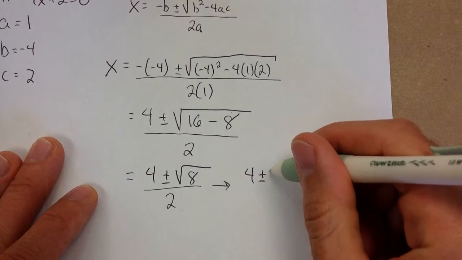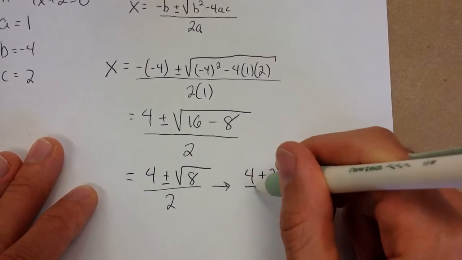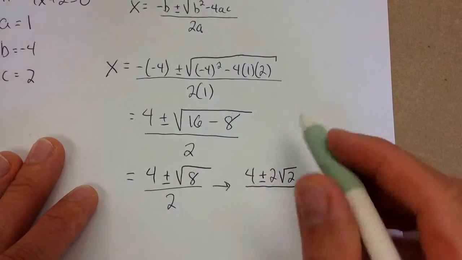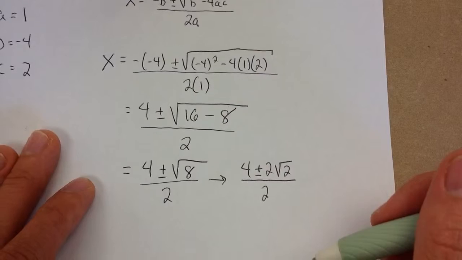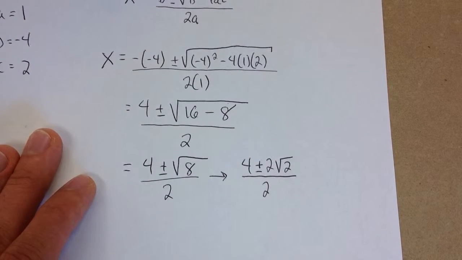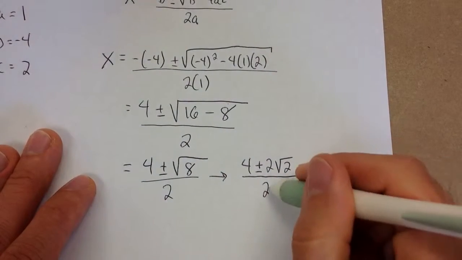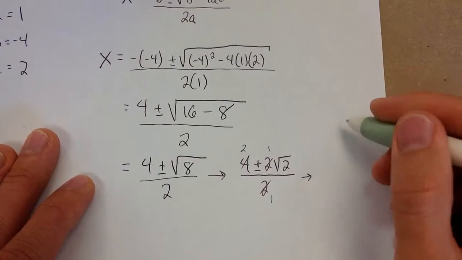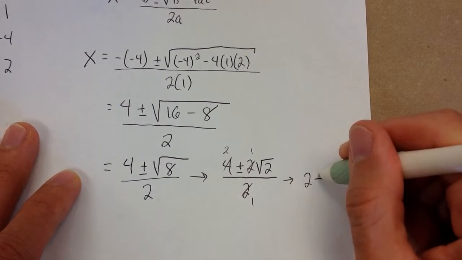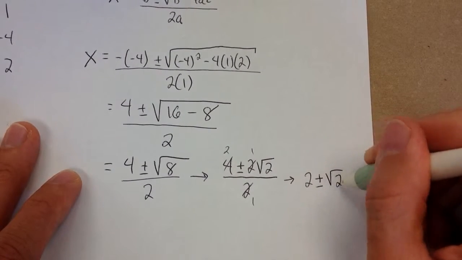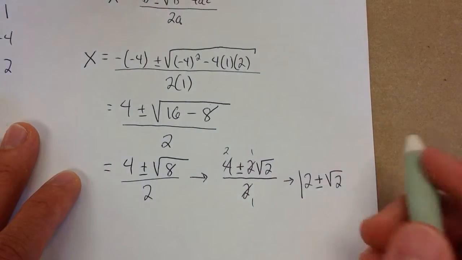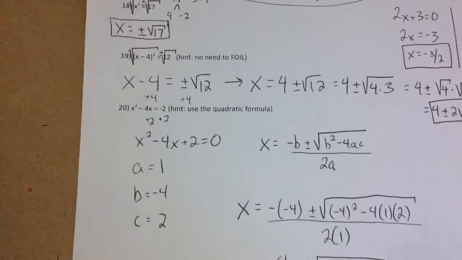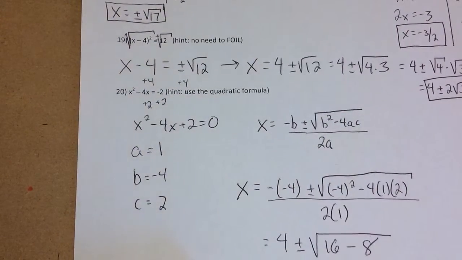And that will be 2 times the square root of 2, because it's the square root of 4 times 2, and the square root of 4 is 2. Still over 2. And notice that we have a common factor of 2 for all terms on top and bottom. So we can remove that. So this expression simplifies to 2 plus or minus the square root of 2. Those are the two values of x that make this equation true or balanced.